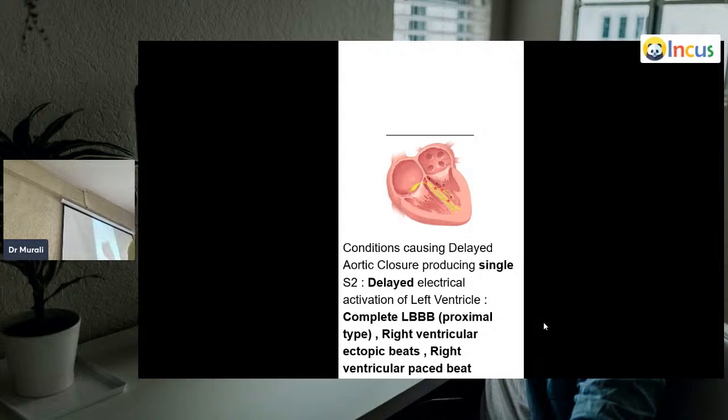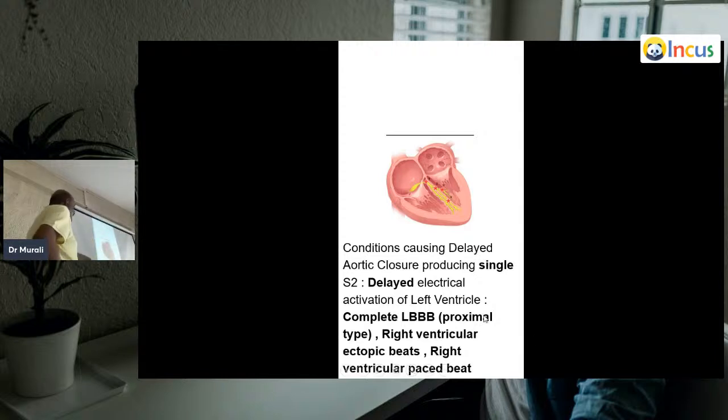Normally, the right ventricle has to wait for the signal to come from the SA node to the AV node to the bundle to the ventricle. But if an ectopic focus is there, then the right ventricle will get activated faster and much earlier, right?